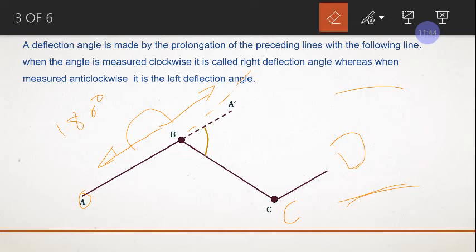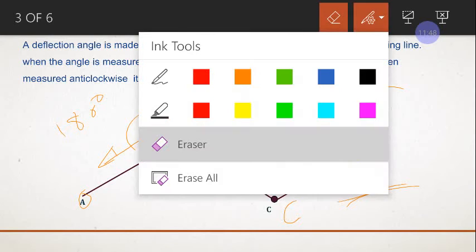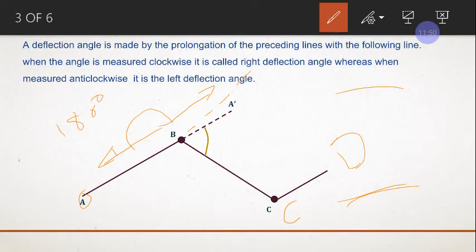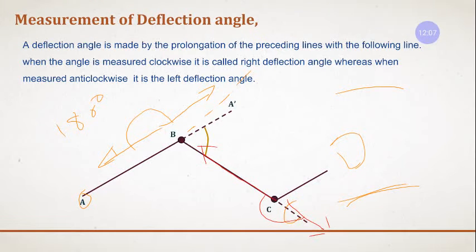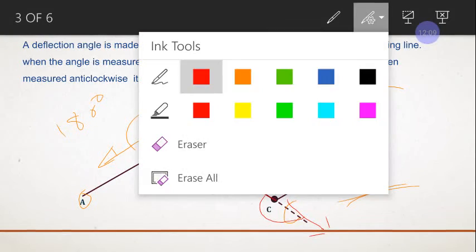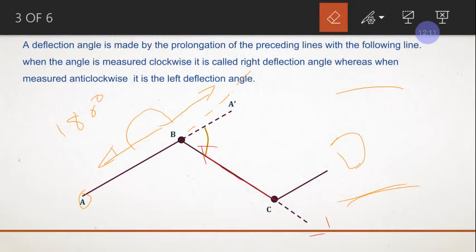Now with C as the station point, bisect B here, and then transit it in the opposite direction, which is 180 degrees here also. Once you do that, your line of sight will be in this direction.